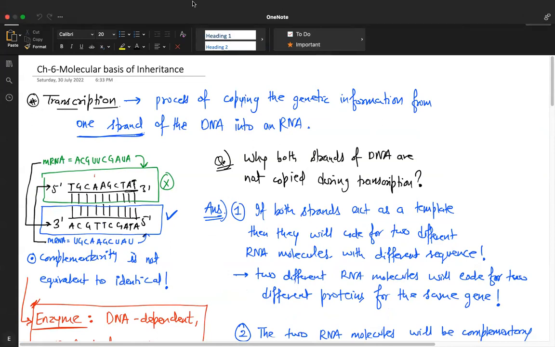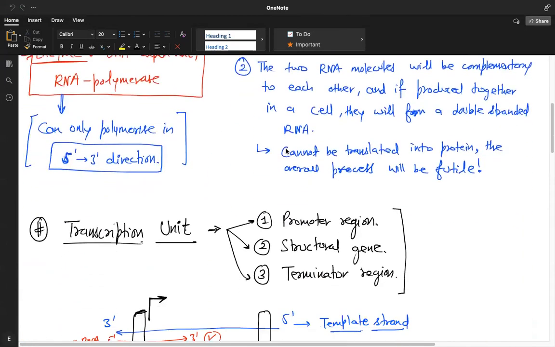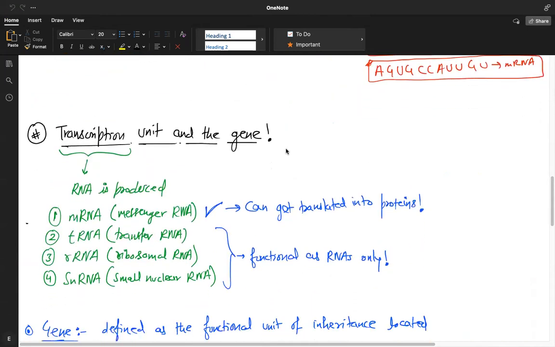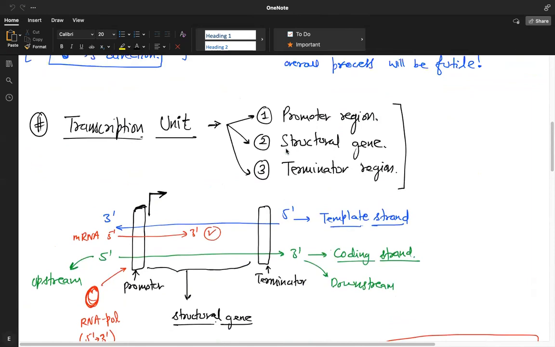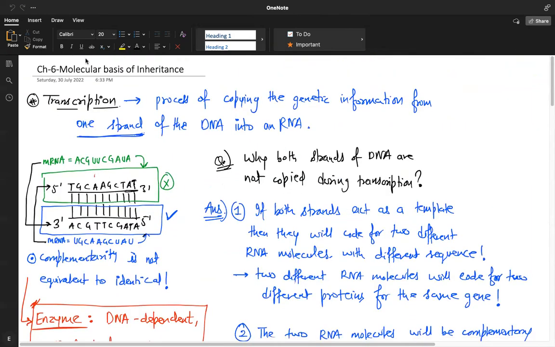So anyone who would like to volunteer for today's summary? First, tell me, where did we start in the last class and where did we end? I think we started with transcription itself, right?